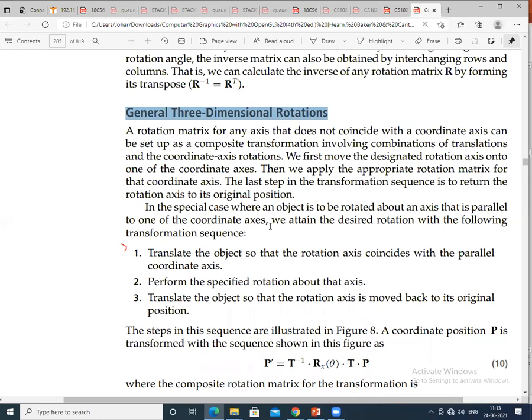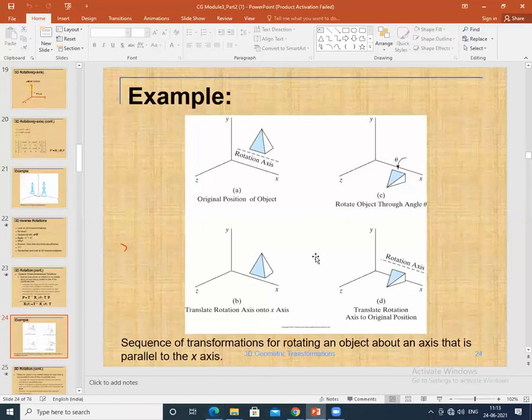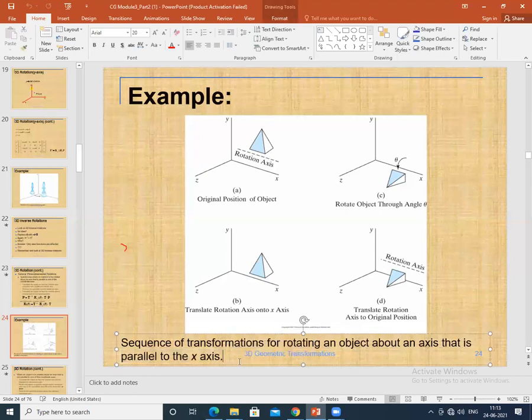Okay, imagine this is the thing. How do you write these steps in terms of transformations? The sequence of transformations for rotating an object about an axis that is parallel to the x-axis. We have a diagram given. This axis is parallel to the x-axis.